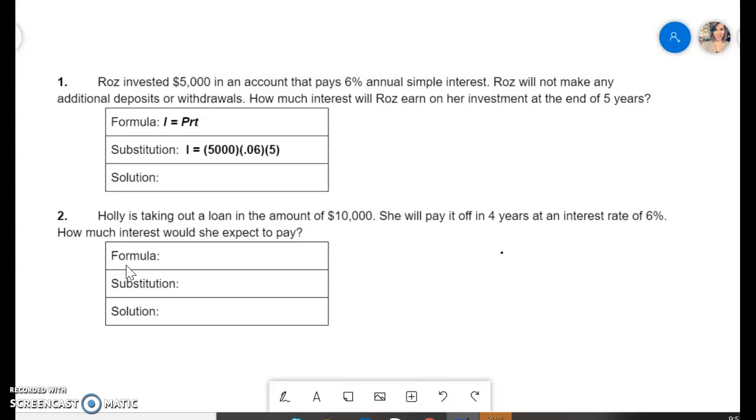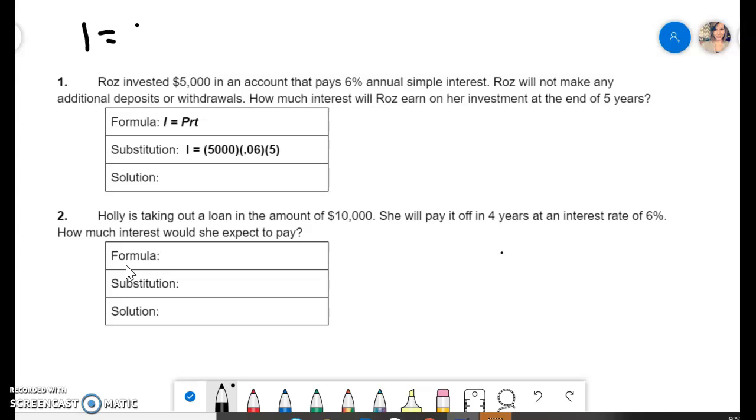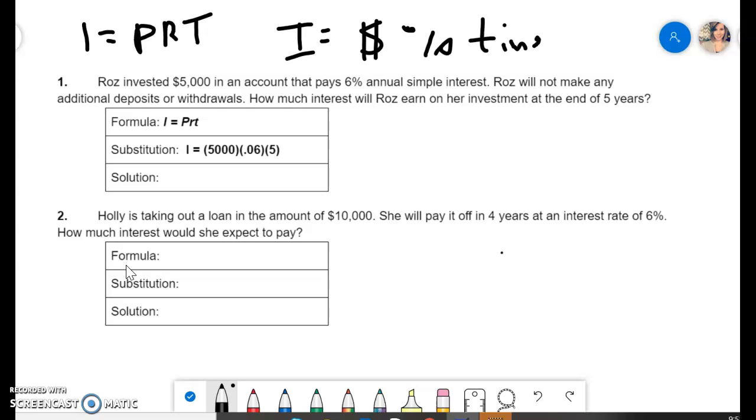Whether you had Miss Delgado last year or you had me, we taught you simple interest already, so it's not new. It's PRT. P is the principal, or the money, so interest equals money. Rate was the percent, and T was time, usually in years.